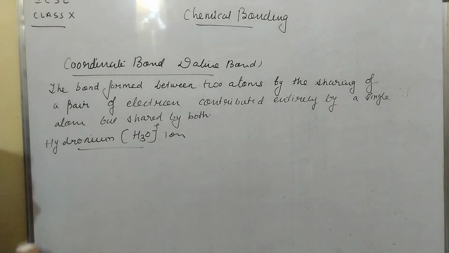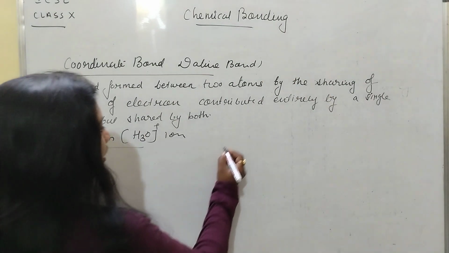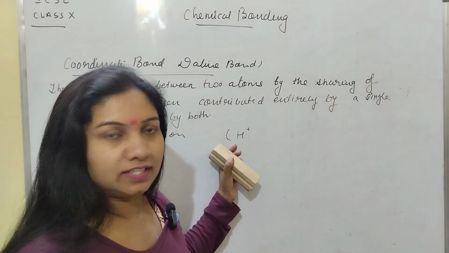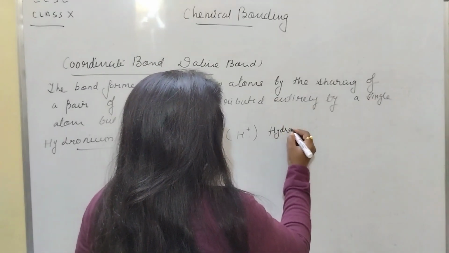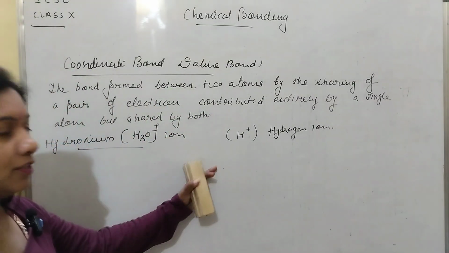Before that, first I'll explain how this H plus is formed. In the previous example also we have seen this H plus. What do we call it? Hydrogen ion. So how is this hydrogen ion formed?